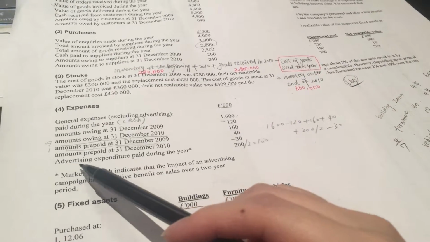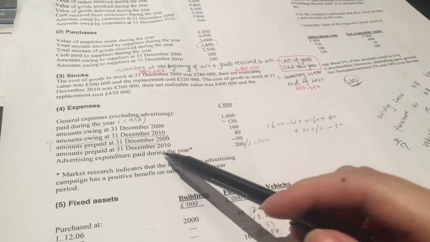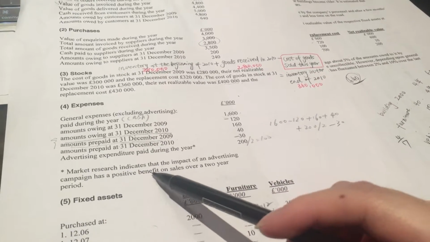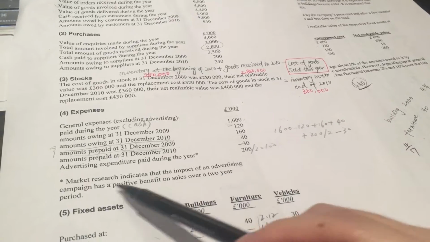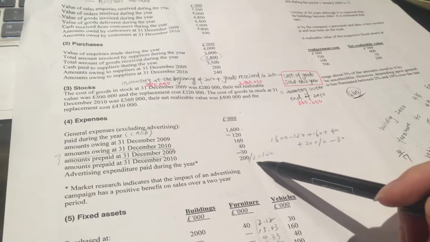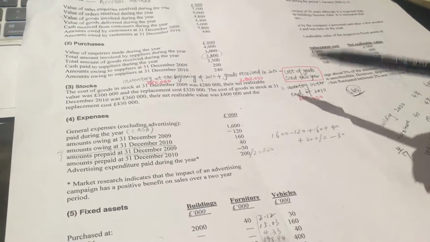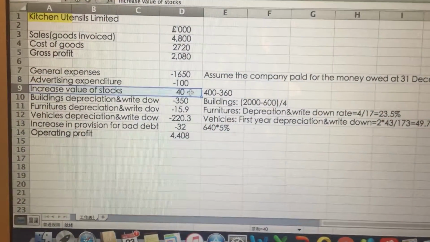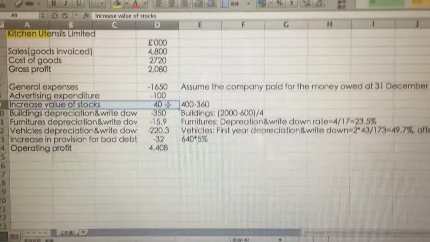As for the advertising expenditure, since it will benefit sales over a 2 year period, it should be divided by 2, which is 100. So here are the figures.